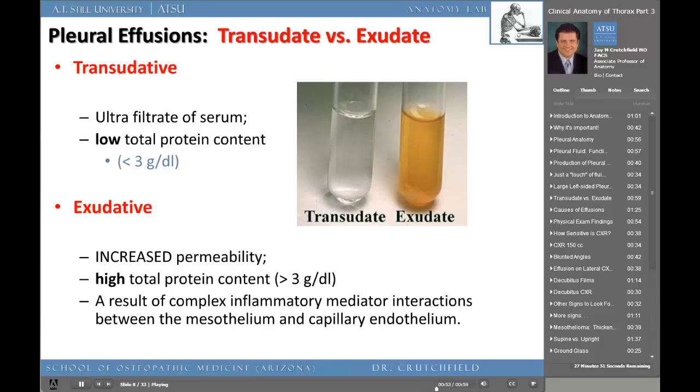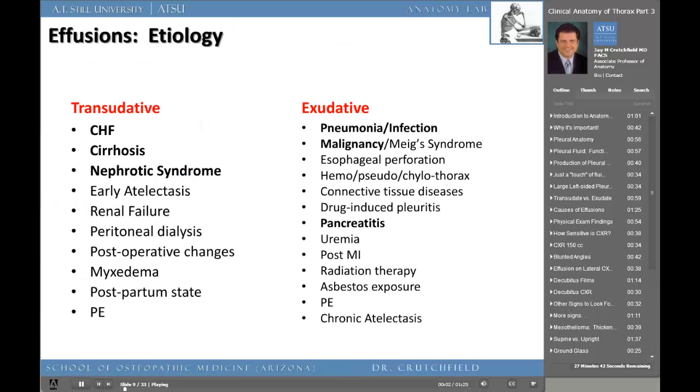You don't need to memorize this list, but it gives you an idea of those sources which can cause pus in the pleural space and inflammation causing an exudative effusion, such as a bacterial pneumonia or even cancer, which can plug up the lymphatics, perforate the esophagus and spill a couple of tacos into the mediastinum, blood, connective tissue diseases such as systemic lupus, pleuritis, even pancreatitis.